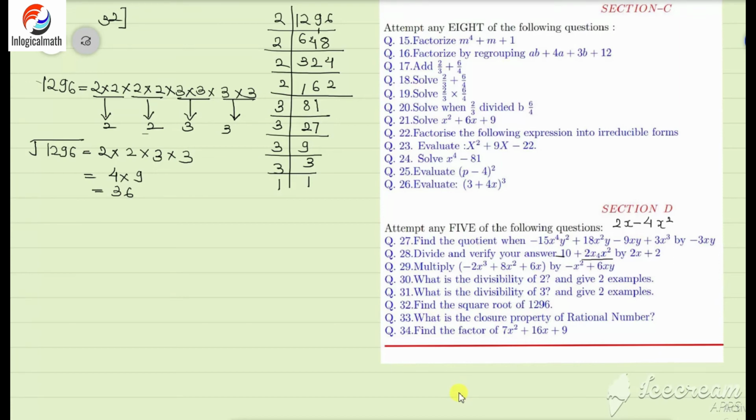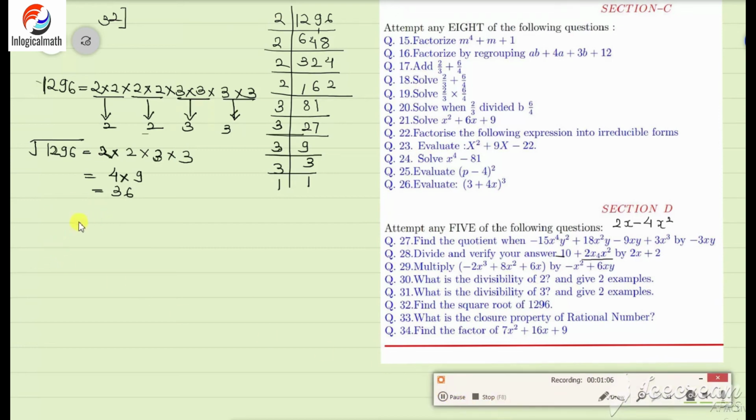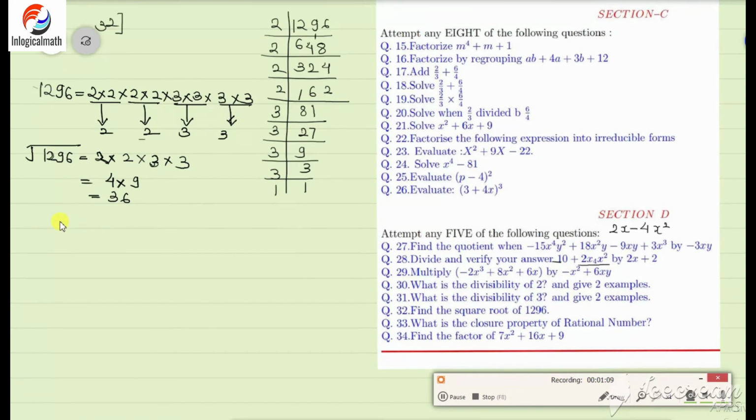Now, what is the closure property of rational numbers? Now we will go for question number 33, for that closure property. The sum of two rational numbers is always a rational number.